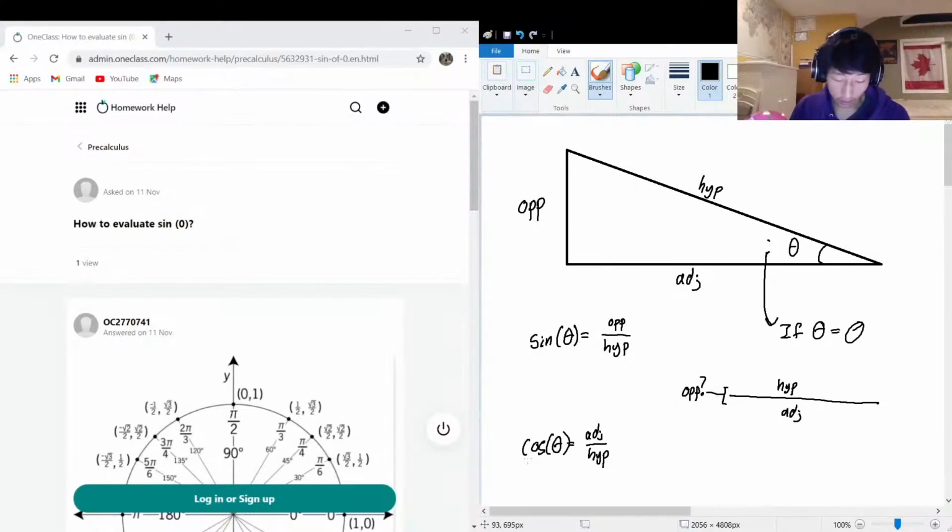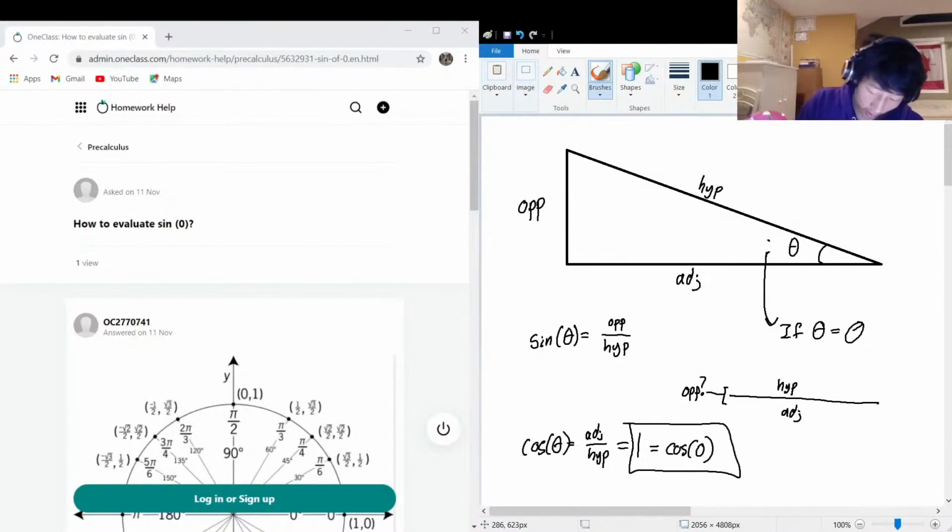You could see that adjacent would be equal to the hypotenuse if the angle was 0. If we zero that angle down, adjacent would be equal to hypotenuse. And if those two are equal, one divided by the other has got to be equal to 1. And cos 0 is equal to 1. Cos 0 is equal to 1. And because of this, sine 0 is equal to 0.